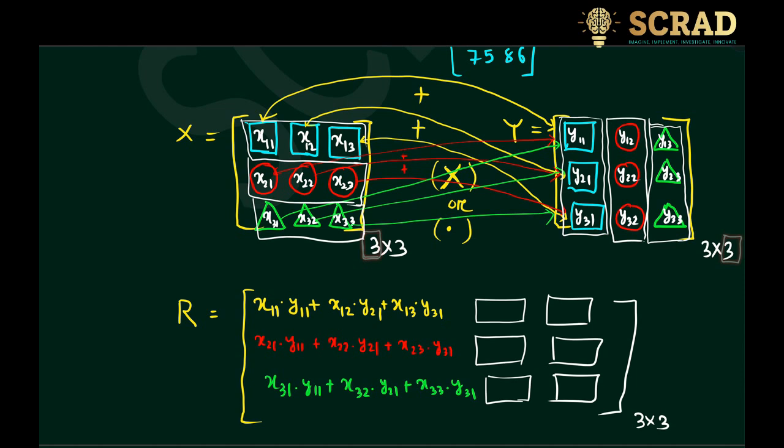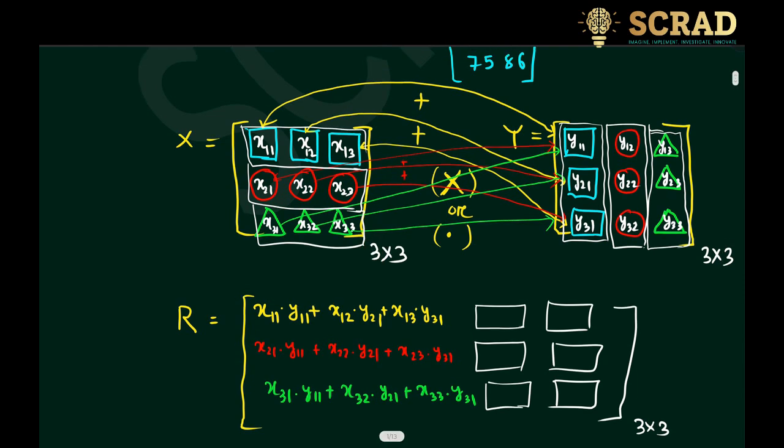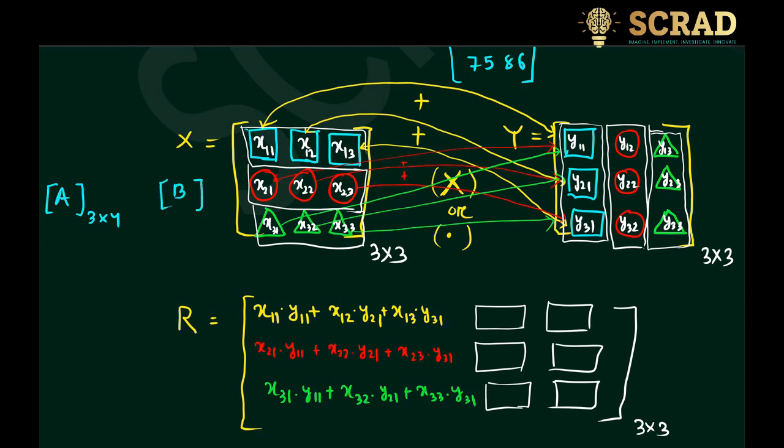So I'm taking another example. Suppose I have a matrix A with dimension 3 cross 4, and another matrix B with 3 cross 5. Now tell me whether matrix multiplication is possible between these two matrices. It is not.